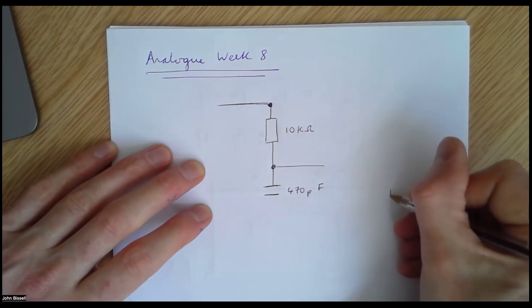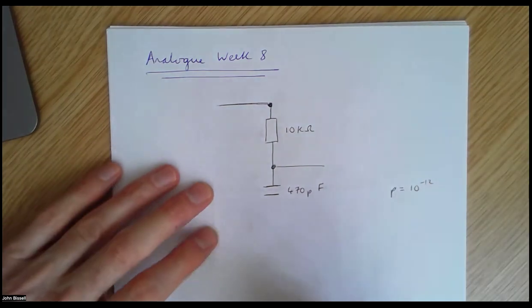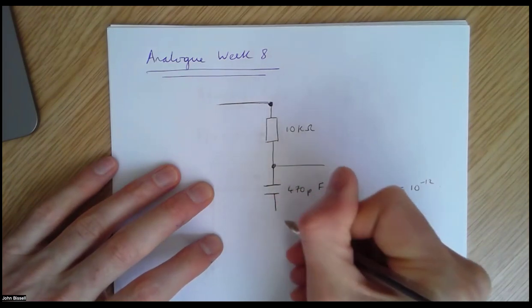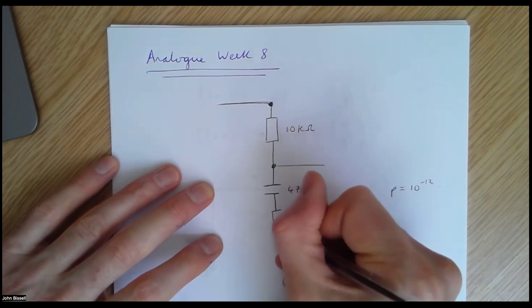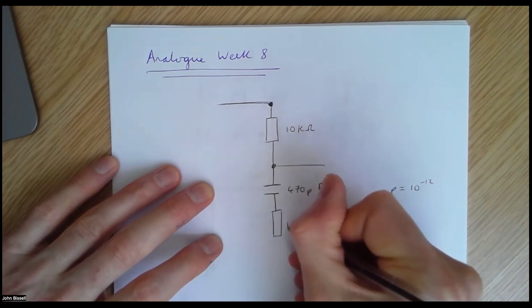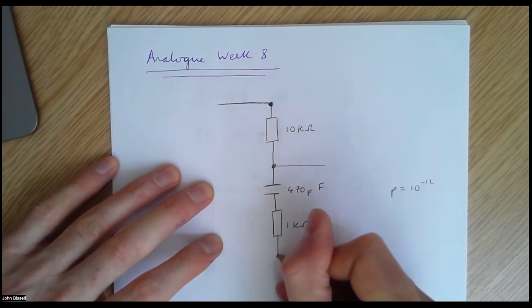Do you know what pico is? Yeah. 10 to the power of minus 12. 10 to the minus 12, good. And then that's joined to a resistor that is 1 kilo ohm, and then that's all joined to the ground. Okay.